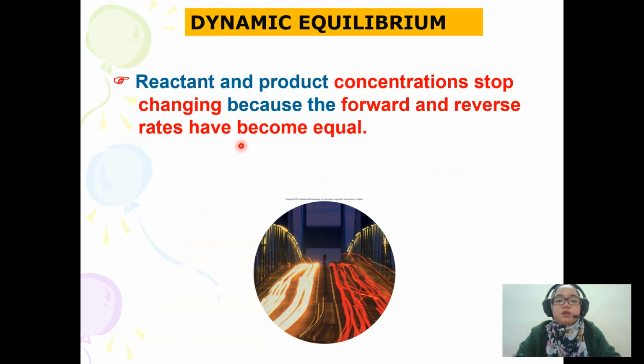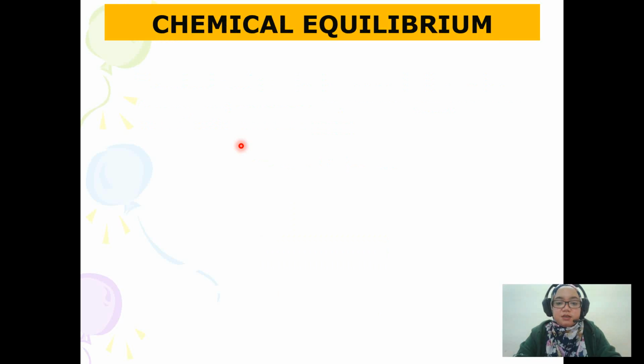Dynamic equilibrium is when the reactant and product concentrations stop changing because the forward and reverse rates have become equal. So when the forward reaction and the reverse reaction are proceeding at equal rate, the concentrations of the reactant and product remain unchanged or constant. So like this, rate forward is equal to rate reverse.